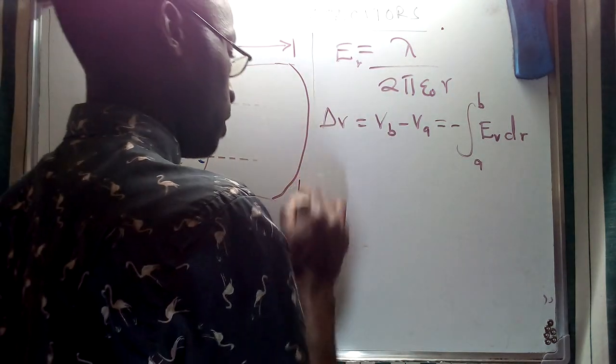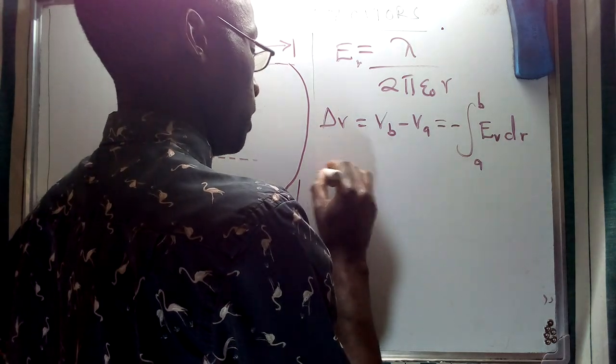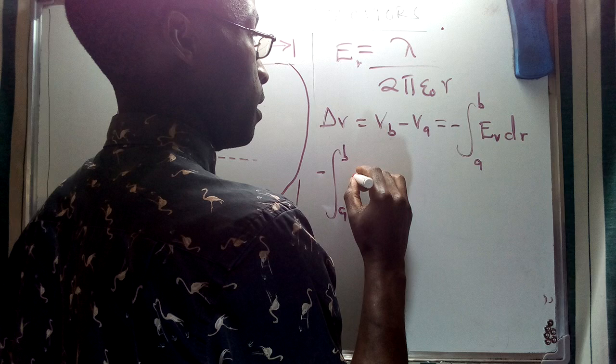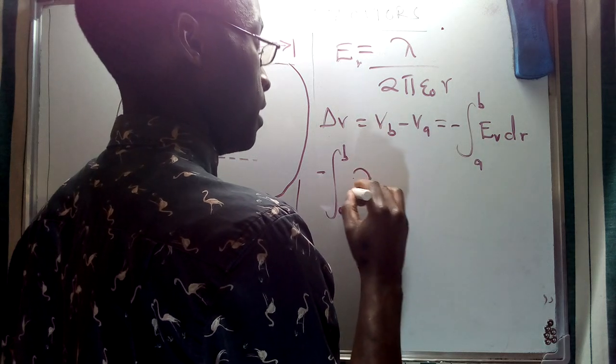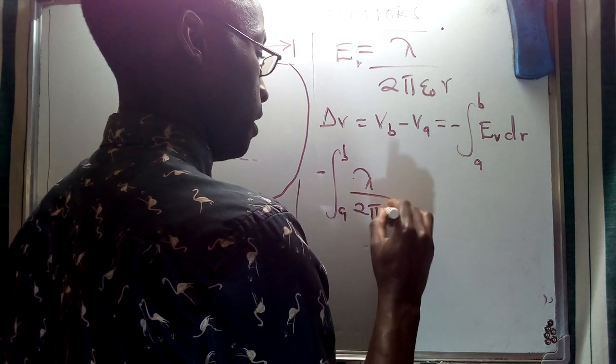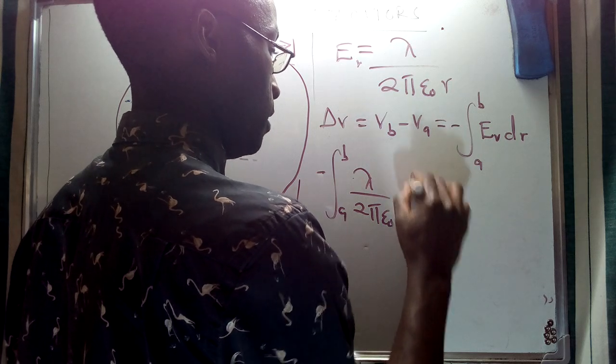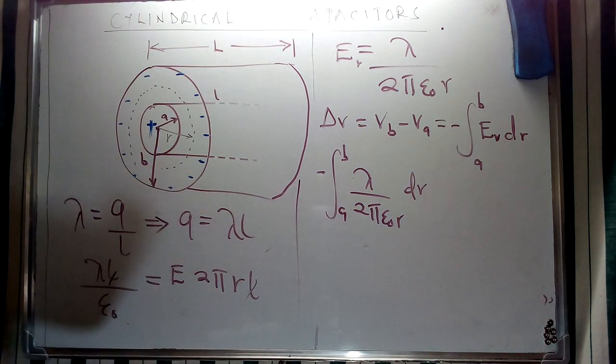So therefore, we're going to do a substitution and write this as a negative integral from B to A of lambda over 2 pi epsilon naught R, dr. And that, of course, is going to give us that specific integral.